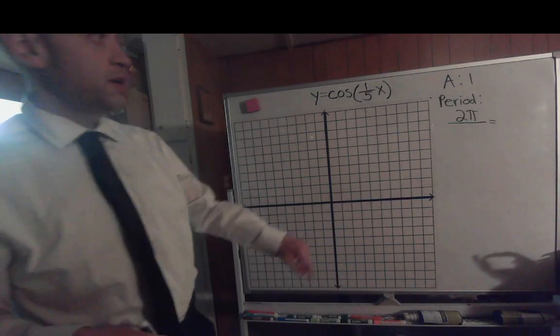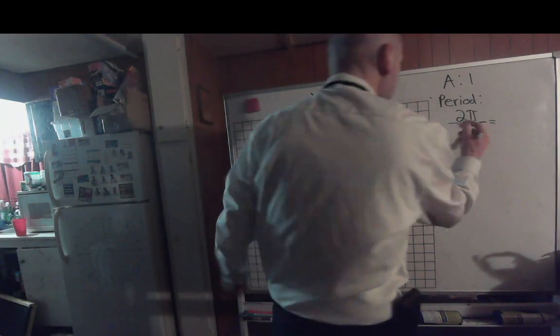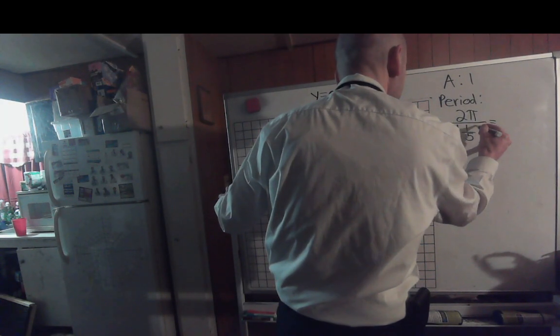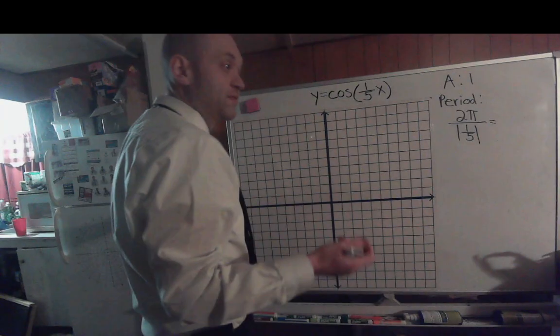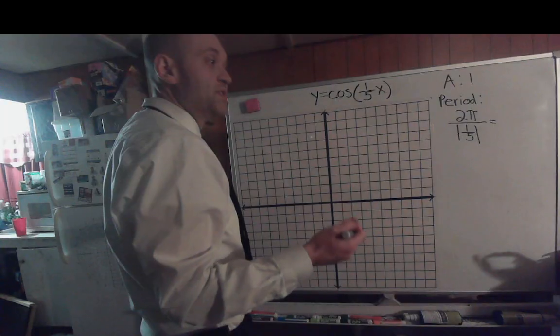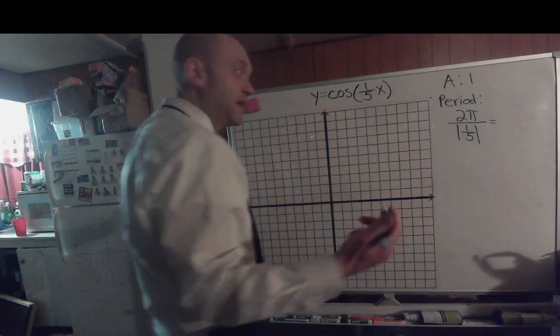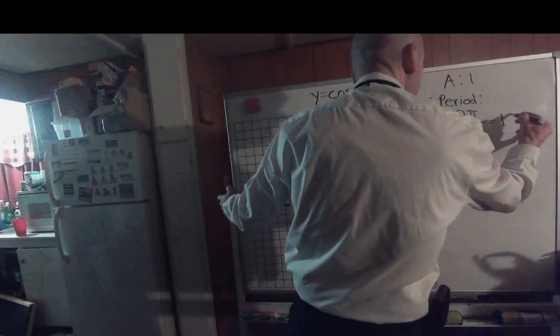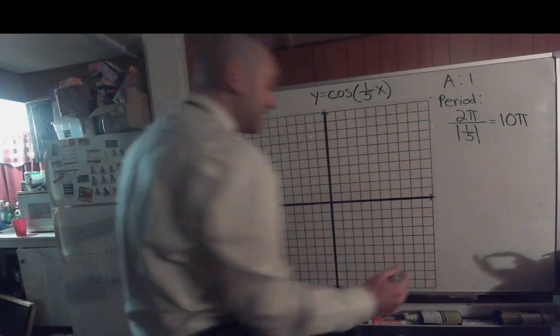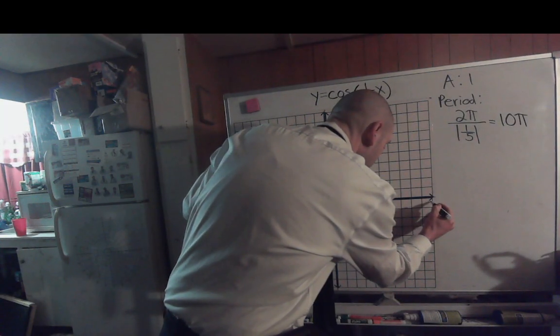Now for your period, it's going to be 2 pi over the absolute value of that 1/5 inside of the cosine. Well, the absolute value of 1/5 is 1/5. 2 pi divided by 1/5 is the same as 2 pi times 5. You'll have a period of 10 pi. So the period in this case is going to be 10 pi.